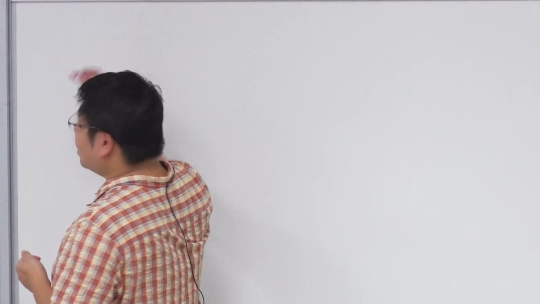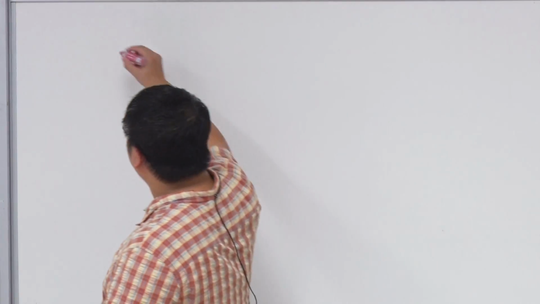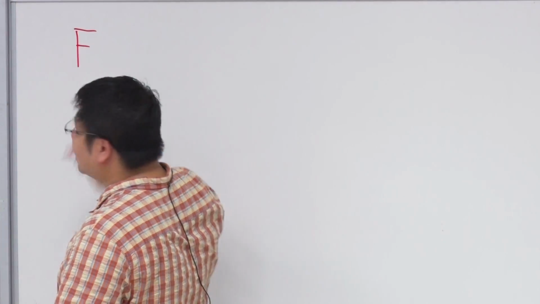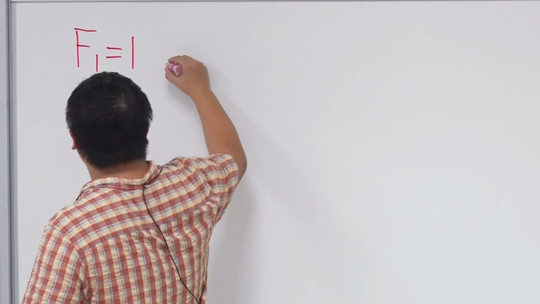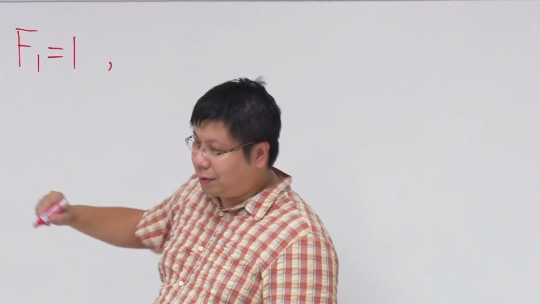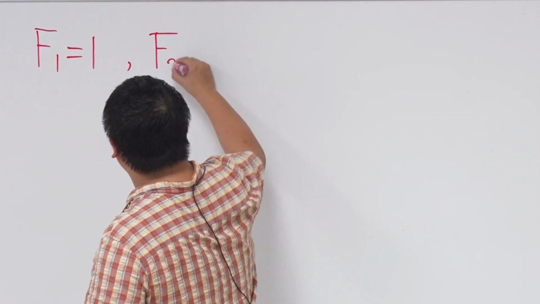So for instance, suppose that I want to write a program to generate the Fibonacci number. Say I don't know how to write a for loop, but I know how to write a recursion. So let's say for the Fibonacci number, f1 is equal to 1, and f2 is also equal to 1.